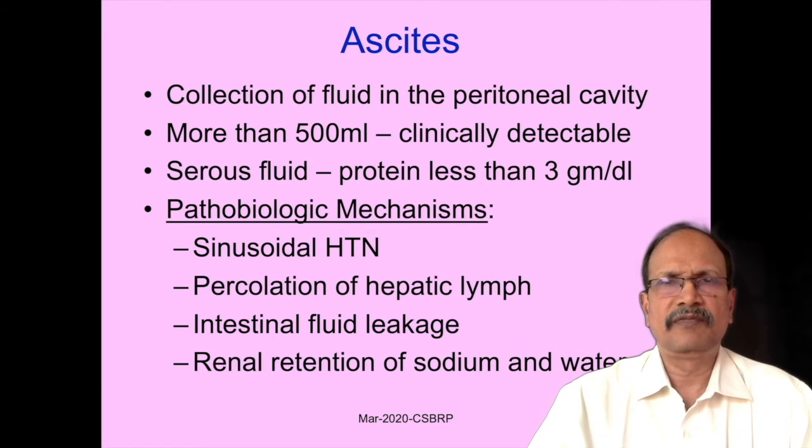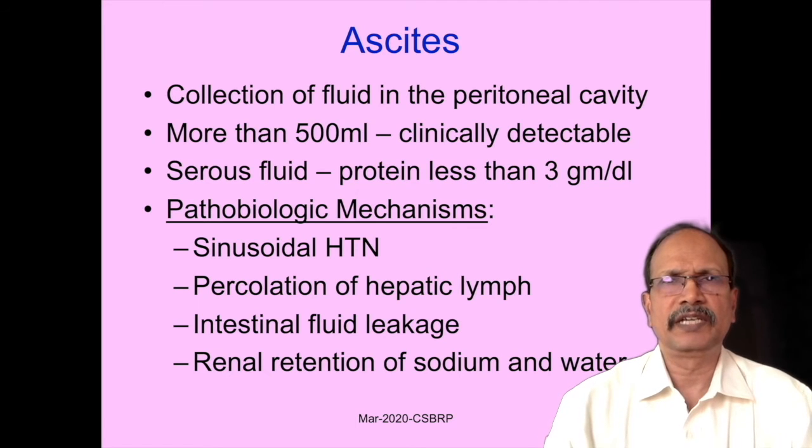And intestinal fluid leakage. Whenever there is portal hypertension, the portal vein is formed by the splenic vein and mesenteric vein joining together. So when there is increased tension in the portal vein, it is reflected onto the mesenteric veins also.